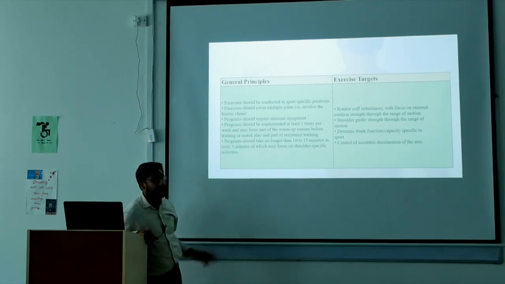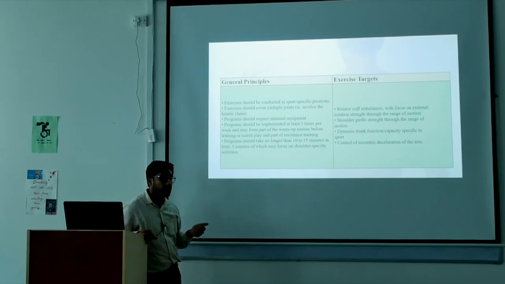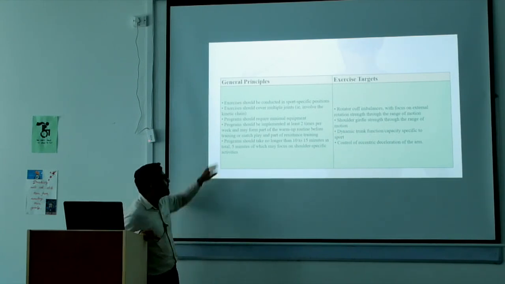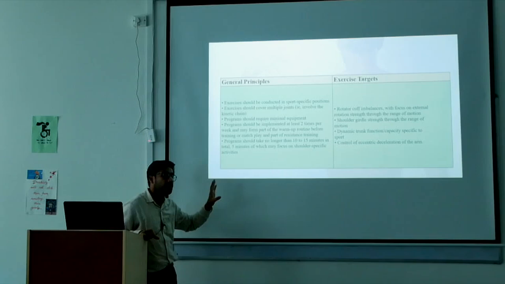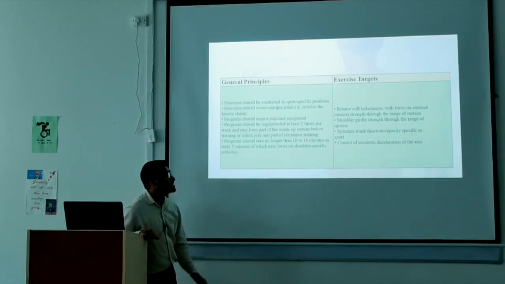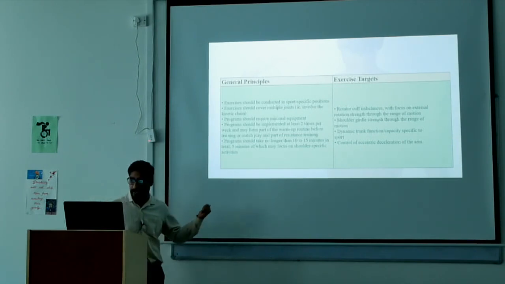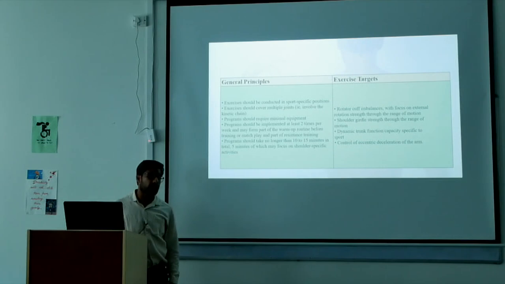It should be implemented at least 2 times per week, require a minimum of equipment, and take approximately 10 to 15 minutes of routine. Exercise targets are rotator cuff imbalances, shoulder girdle strength in multiple planes, dynamic trunk control and core strength, and controlled deceleration of the arm.